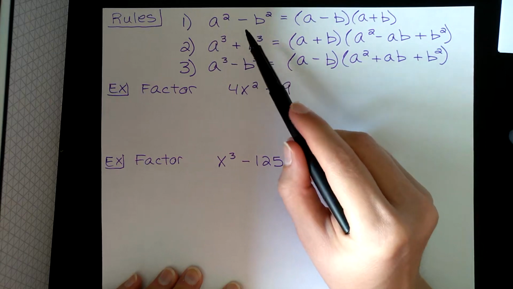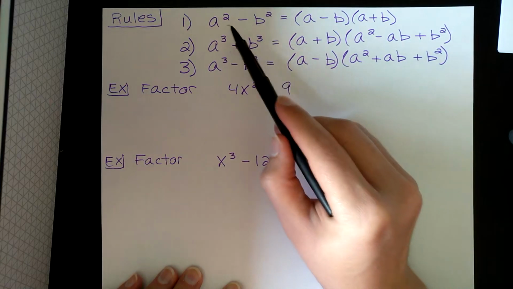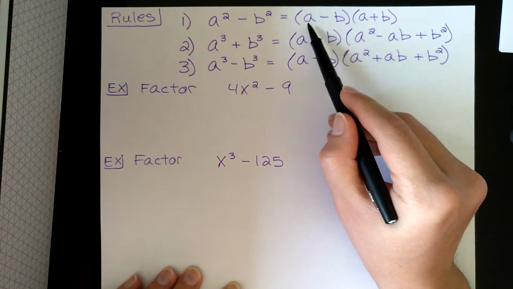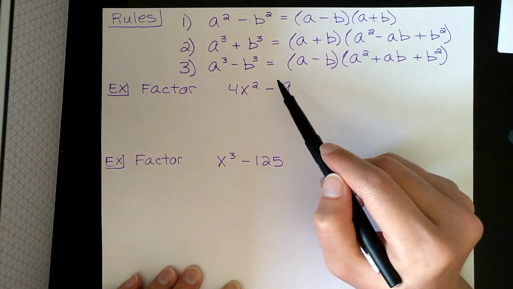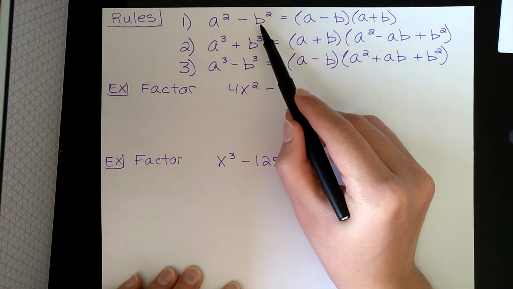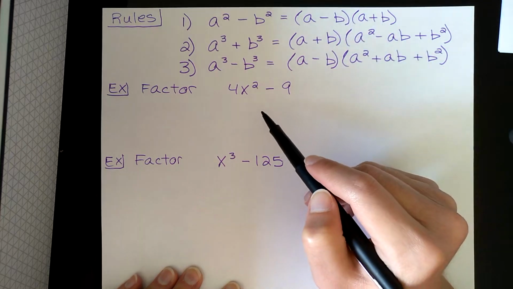It's one of the most important factoring cases there is. It comes up in all types of math classes. If you have a squared minus b squared, this will factor into a minus b times a plus b. You take the square root of each term, and you just plug it into this formula.